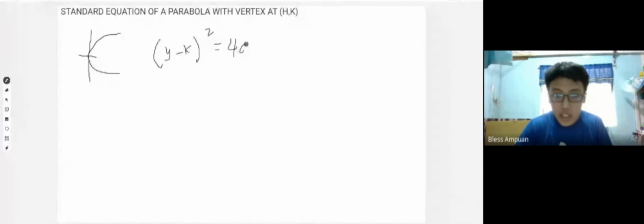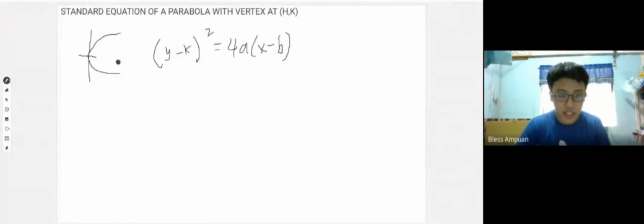If your parabola equation follows the same concept, y minus k squared equals 4a times x minus h, your parabola is opening to the right.